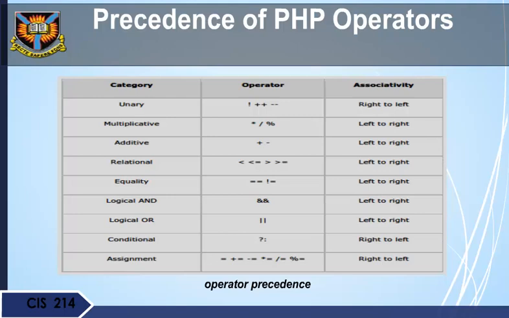Category, operator, associativity: unary, right to left; multiplicative, left to right; additive, left to right; relational, left to right; equality, left to right; logical and, left to right; logical or, left to right; conditional, right to left; assignment, right to left.